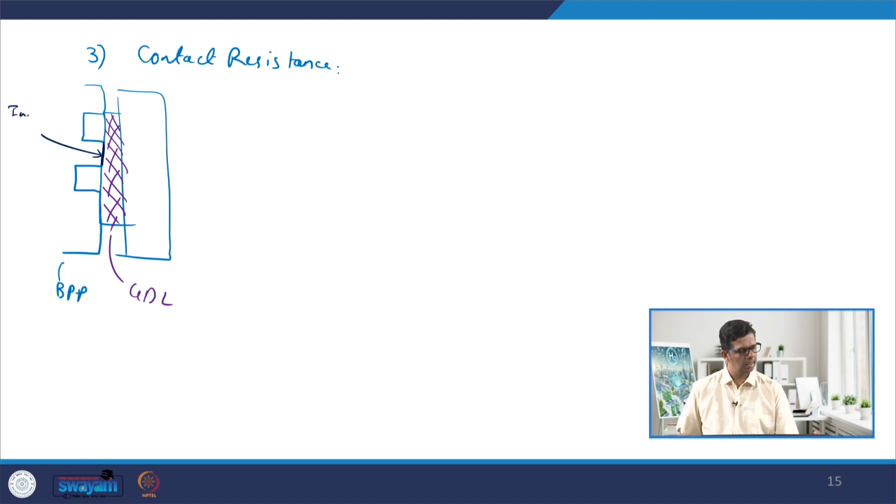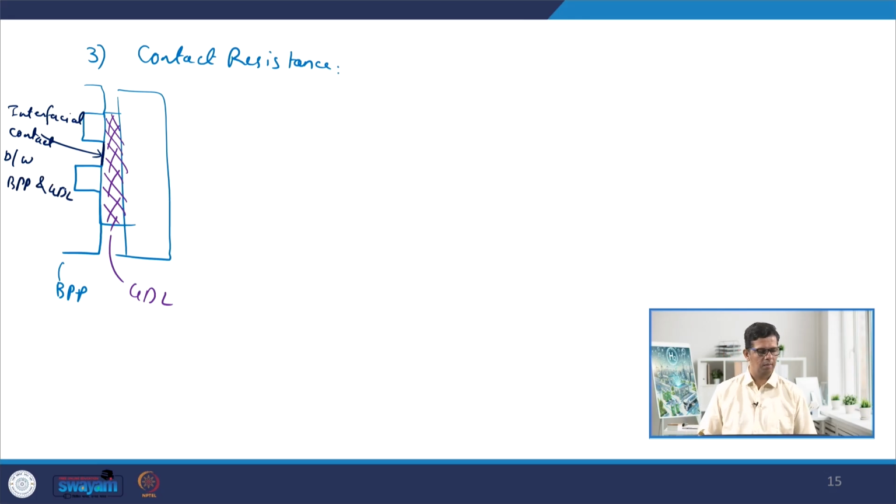Or let me write, this is an interfacial contact between bipolar plate and the GDL. Of course, as the size increases, we will have more of such contacts. As we have discussed before, when the size of the cell increases, the contact pressure at this interface is not very uniform. In other words, at some locations the contact between these two components will be more.